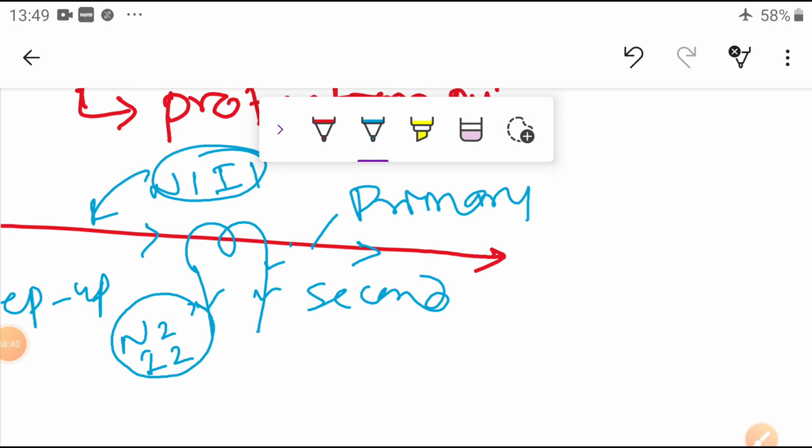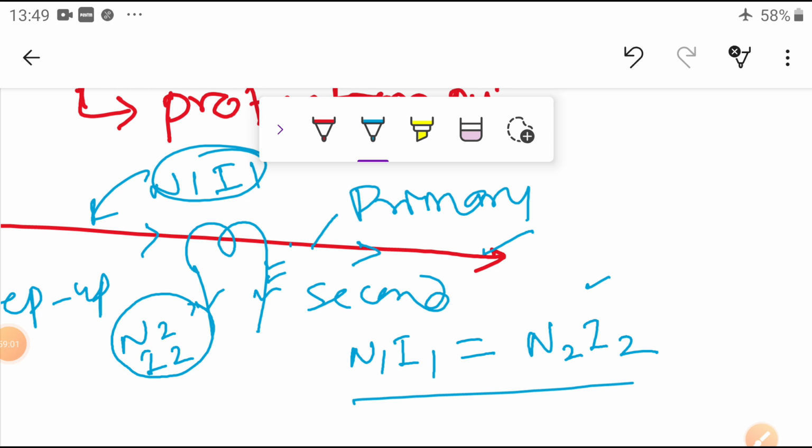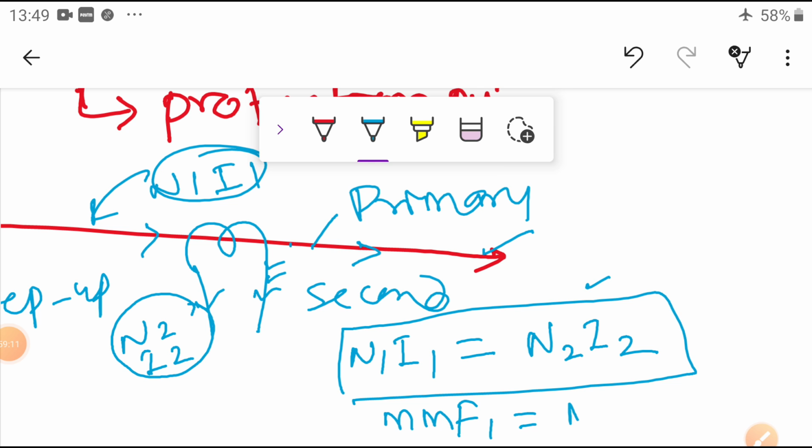So the primary MMF N1 I1 is equal to the secondary MMF N2 I2. This is the formula: MMF of primary equals MMF of secondary.